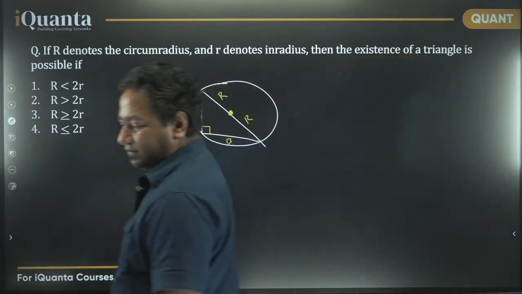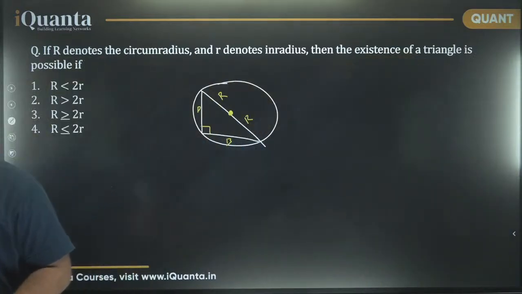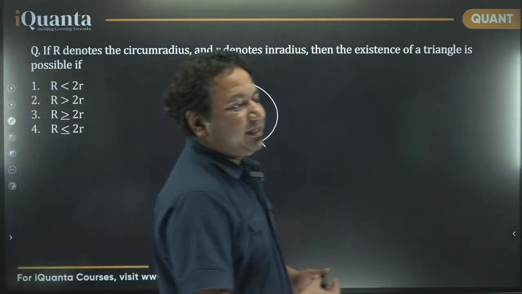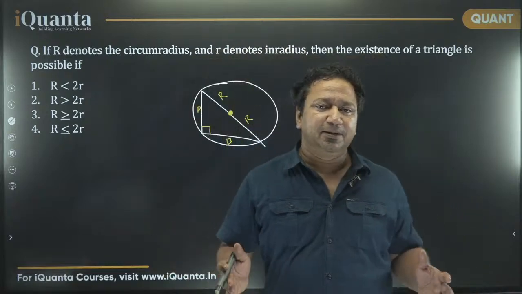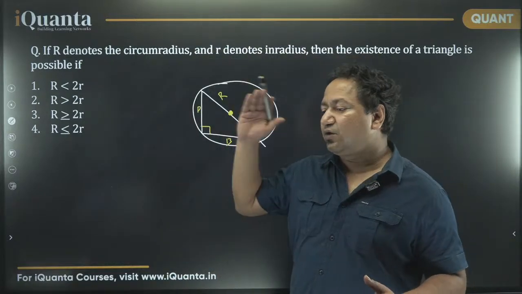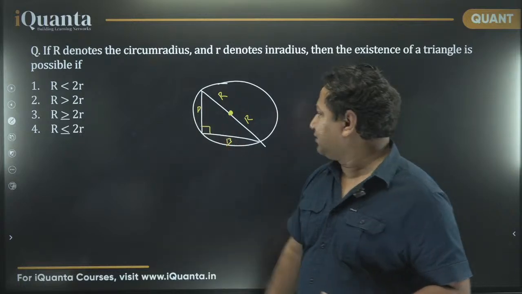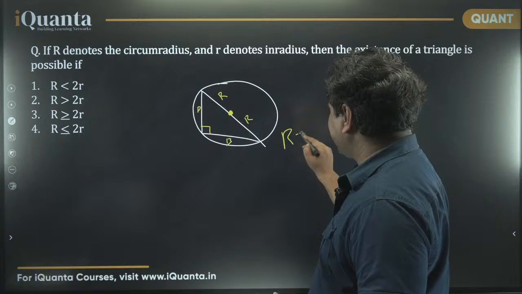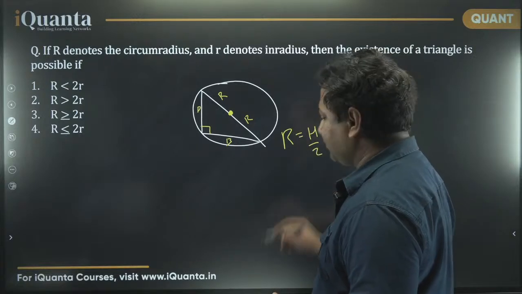I'm repeating. It says that the angle inside a semicircle is 90 degrees. If I say it in a reverse way, if there's a right angle triangle inside a circle, its hypotenuse will always coincide with the diameter. And this R happens to be the circumradius, so I can write R is equal to H upon 2.